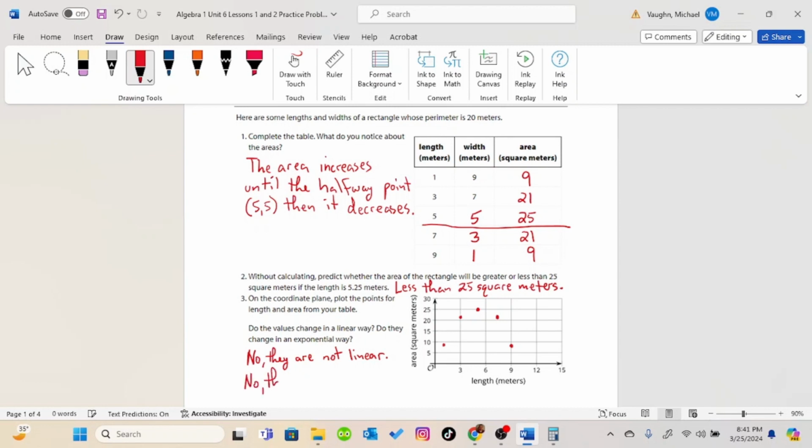No. They are not exponential. They do not increase quicker, and they do not decrease quicker. They increase, then they decrease.